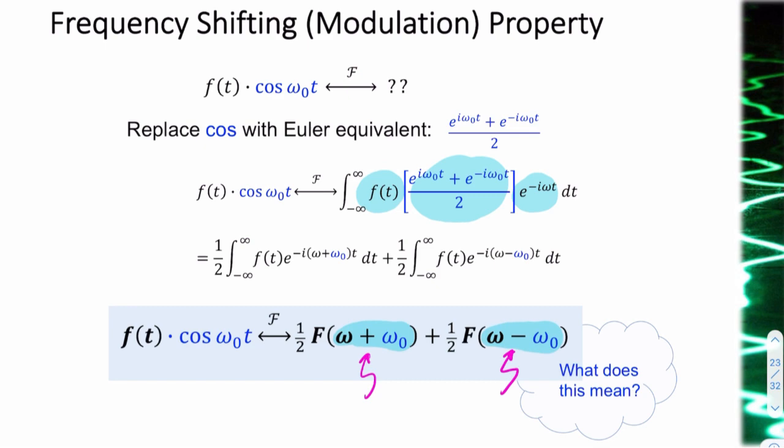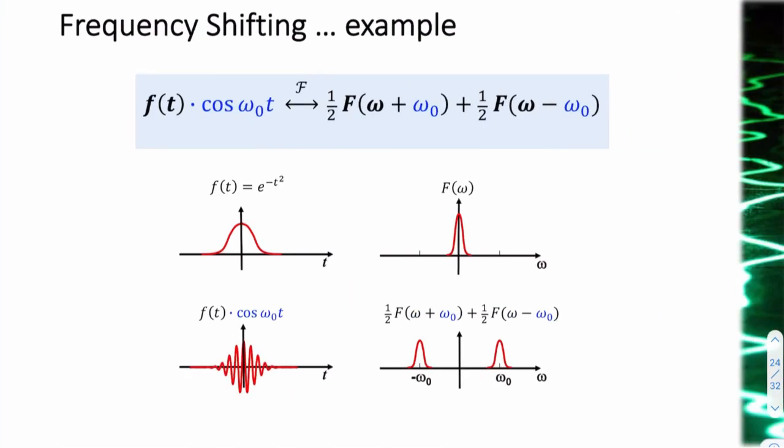So just to illustrate that, let's look at a signal such as this. So you've got some pulse. It doesn't really matter what the equation is. You have some pulse. F of t equals e to the minus t squared. And the spectrum looks very similar.